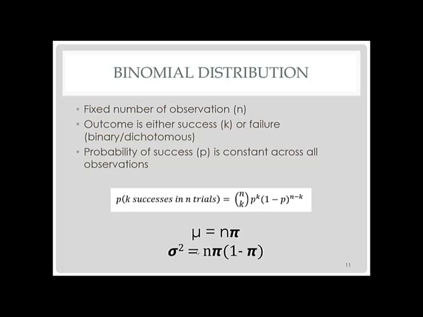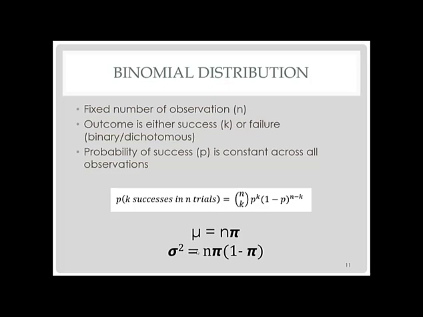So binomial distribution is a fixed number of observations or trials, and the outcome is either success or failure. It's binary or dichotomous. The probability of success is p, and is constant across all observations. So the probability of k successes in n trials is n choose k, p to the k, times 1 minus p to the n minus k.